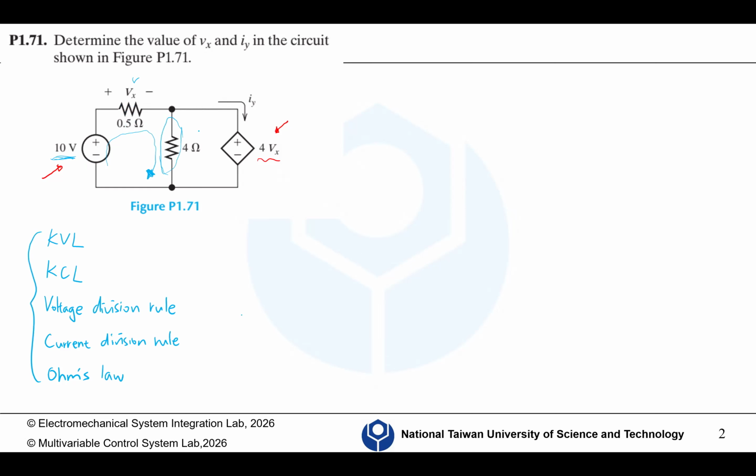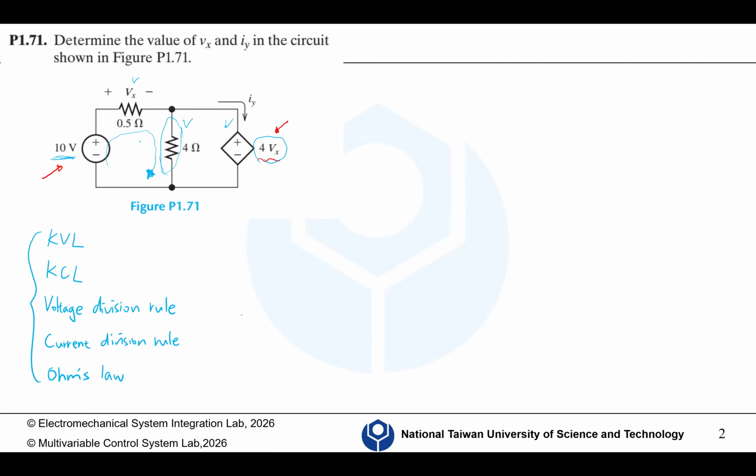But here, can we know the voltage across this 4 ohm resistor? Yes, we can, right? Because these two elements are in parallel, which means they share the same top node and bottom node. So the voltage across the 4 ohm resistor should be the same as the voltage of this dependent voltage source, right?